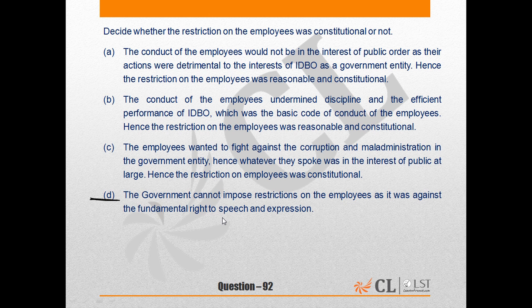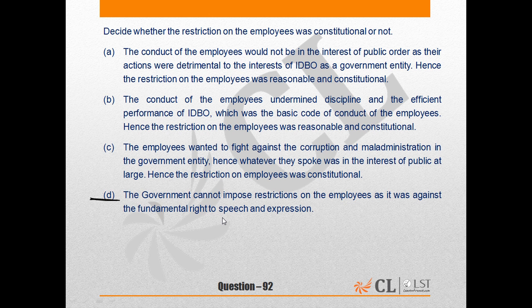C says the employees wanted to fight against the corruption and maladministration, hence whatever they spoke was in the interest of the public at large. It's nowhere written that they wanted to fight against the corruption and maladministration, although it was in the interest of the public at large.